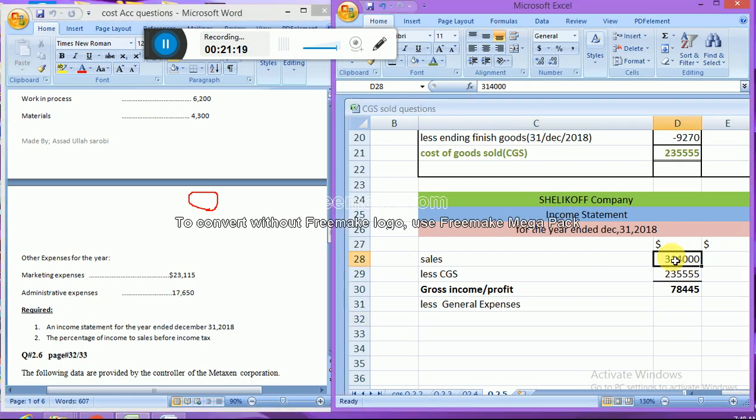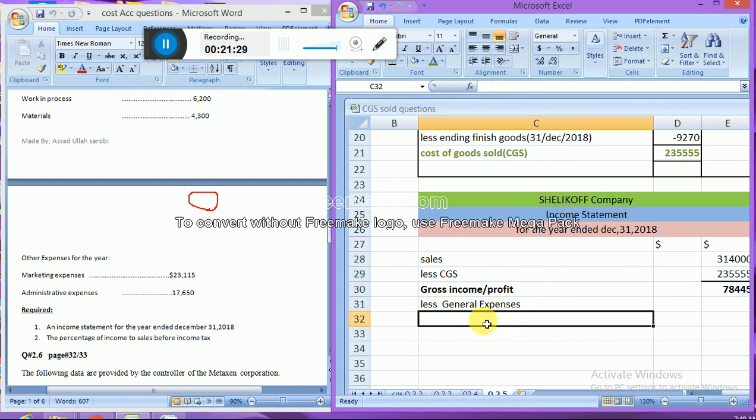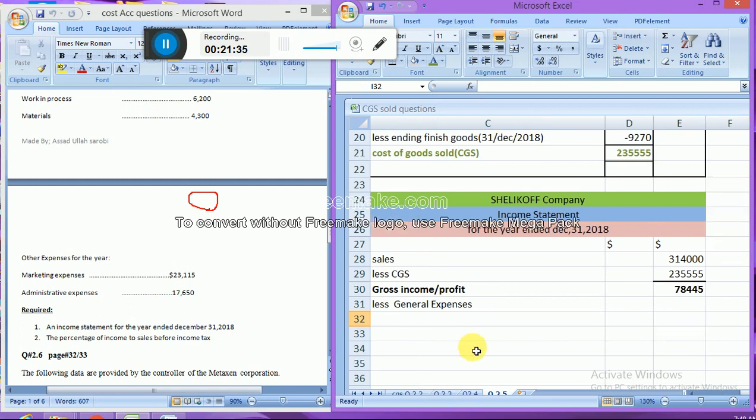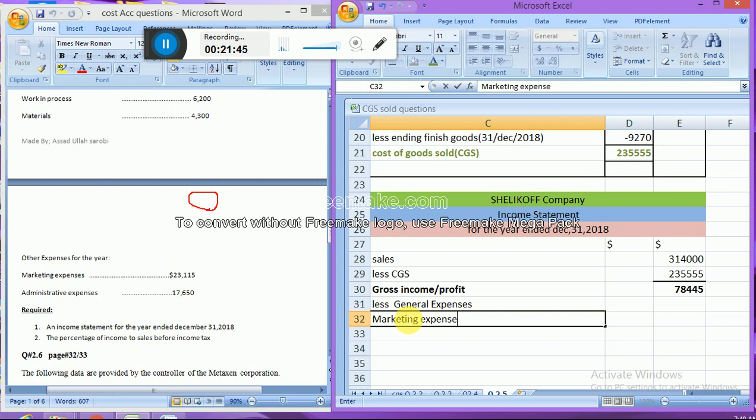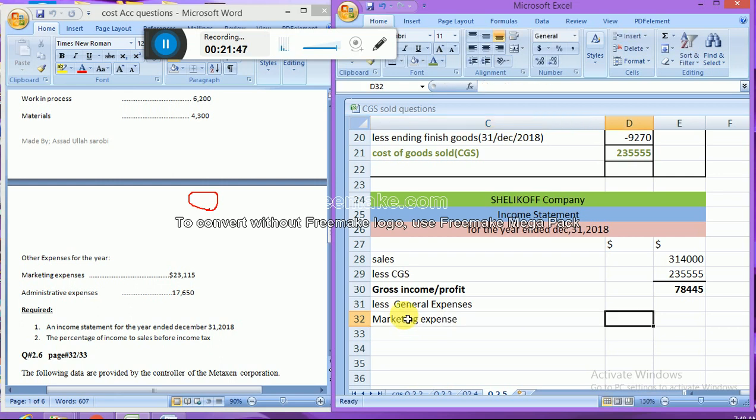I will write these in the outer column. Now look at marketing expenses. How much are the marketing expenses?